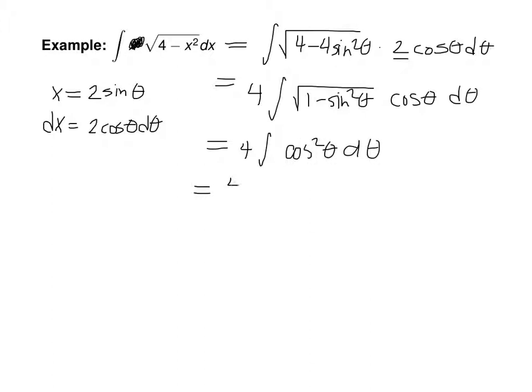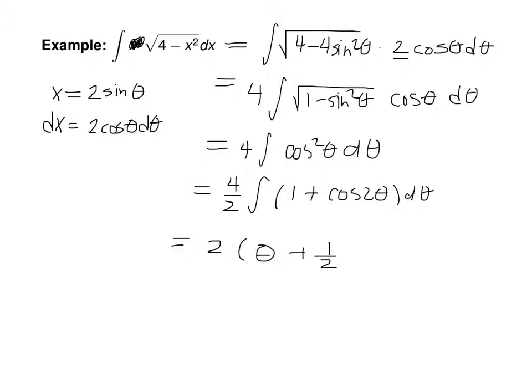So that will be 4 over 2, 1 plus cosine 2 theta, using those formulas that we just reviewed. So that's 2 times theta plus 1/2 sine of 2 theta plus c.